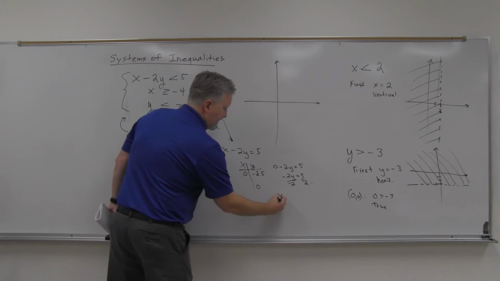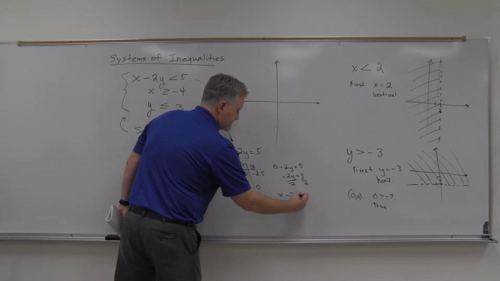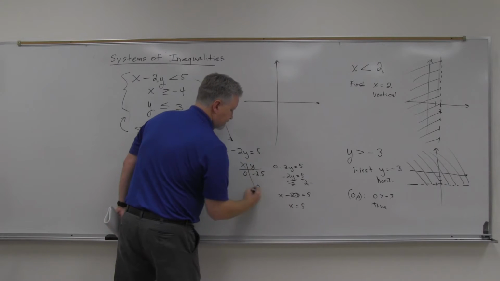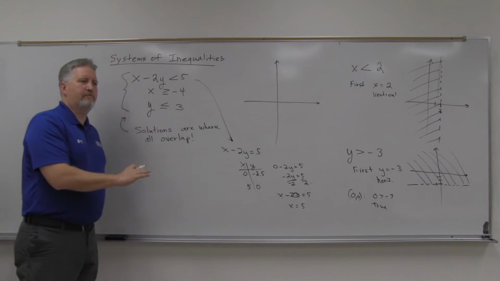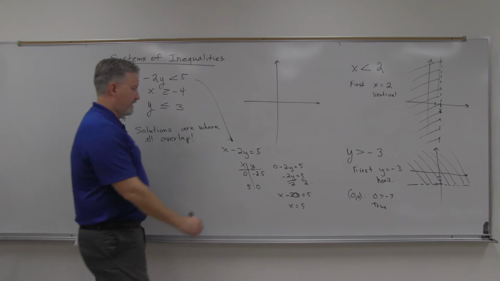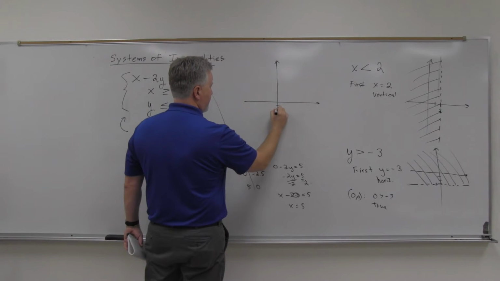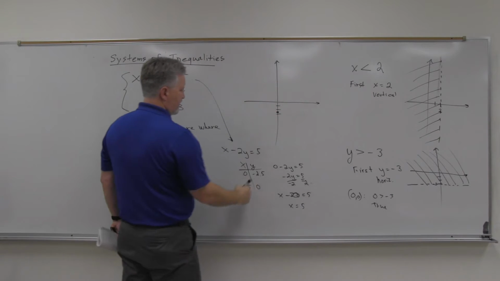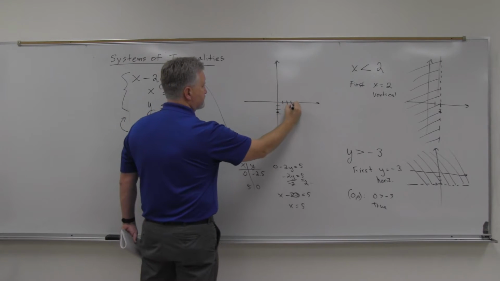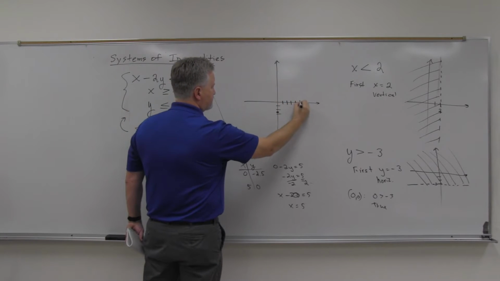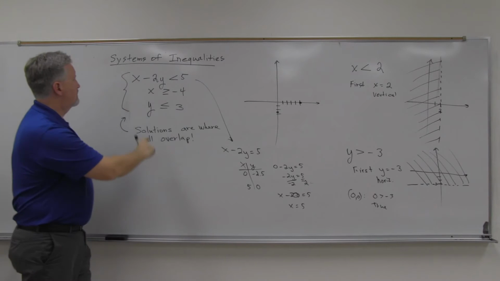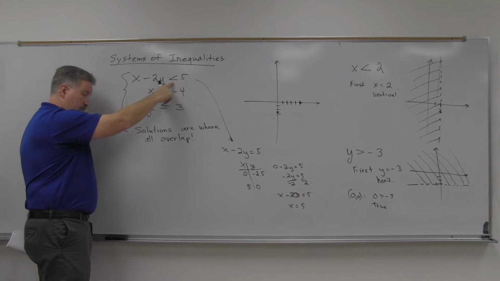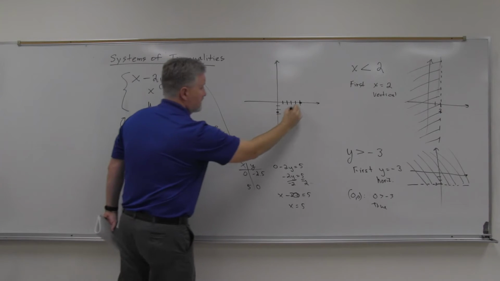If y is 0, I would have a little easier. That's 0, so that would be x is 5. So just 2 points, get a couple points, and you got it. So 0, -2.5, and then 5, 0. And we know, since we don't have the equal to part, that this is a dotted line.